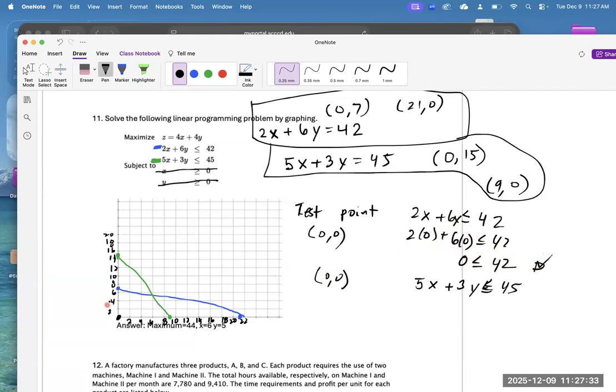So we are going to be shading underneath the blue line. And that's going to also be just 0 is less than 45, which is true. So we're going to be shading below the green line. So the only region which is below both the green line and the blue line is this region here.